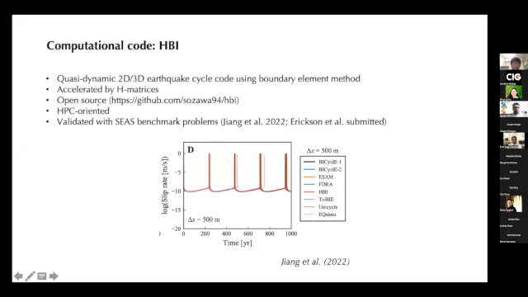And my code is HPC oriented, so it works quite well on a supercomputer system using tens of thousands of CPUs. My code is already validated with SEAS benchmark problems in SCEC, like these papers.